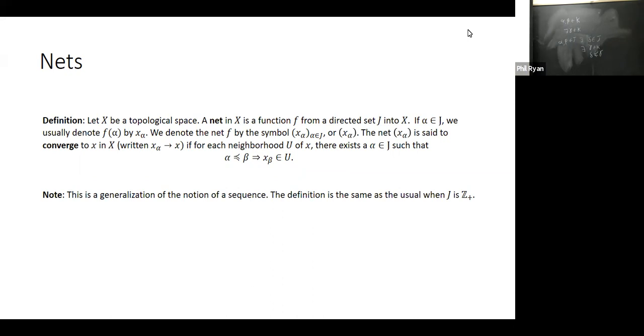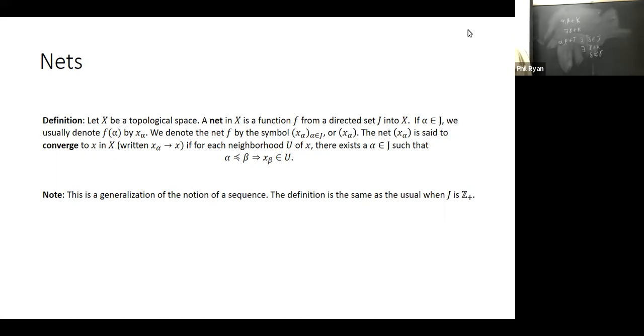A net is a function from a directed set into X. And so usually we denote f of alpha, some index, by x sub that index. And we denote the net f by a symbol denoting that it's a sequence, right? So either we put the set J explicitly there, or if there's no confusion about what J is, we leave it out.